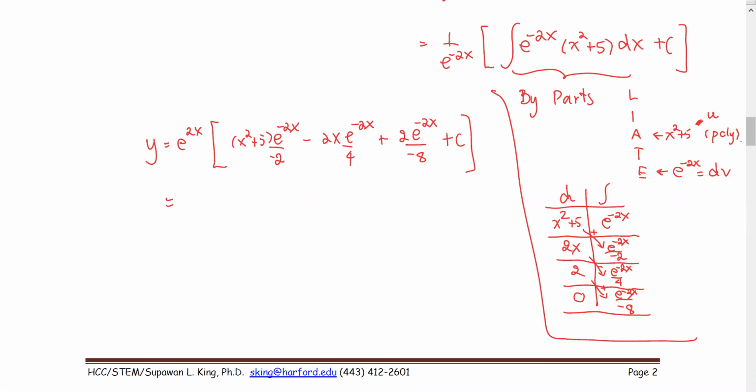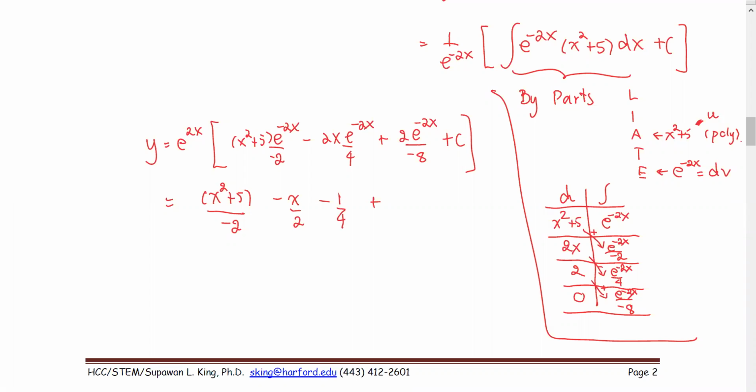Multiply e to the 2x to all terms. Quantity x squared plus 5 multiplied by 1 over negative 2, or divided by negative 2. The second term, 2 and 4 reduce. We have negative x over 2, e to the negative 2x and e to the 2x cancel, minus 2 over negative 8 becomes negative 1 over 4.